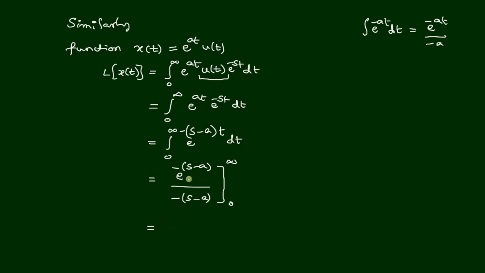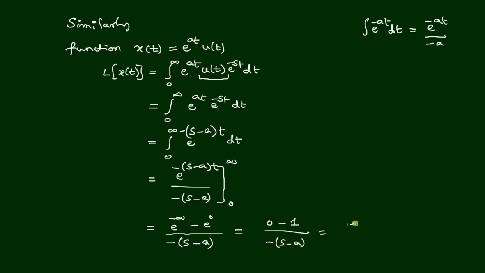Now we apply the limits to this function. This becomes e^(-infinity) minus e^0, the lower limit, divided by -(s-a). So e^(-infinity) is 0, minus e^0 is 1, divided by -(s-a).